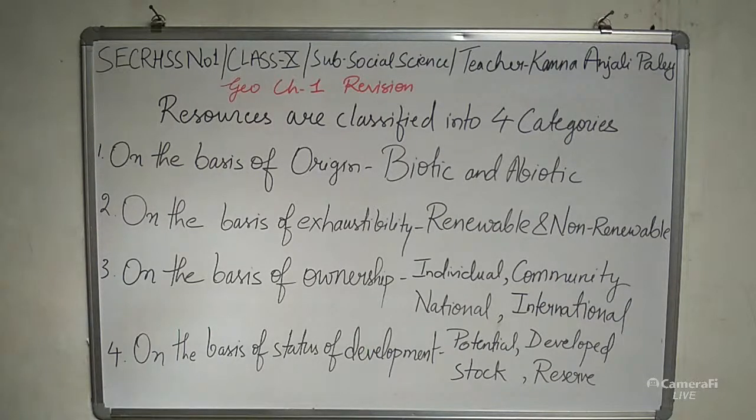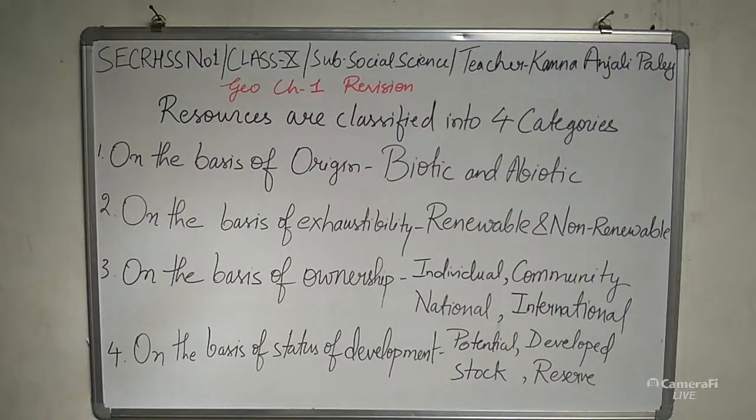Biotic examples are human beings, flora and fauna, and abiotic examples are soil, water, river, mountain, means which are present in nature, we get from the environment originating through nature but don't have life. That is called abiotic resource.